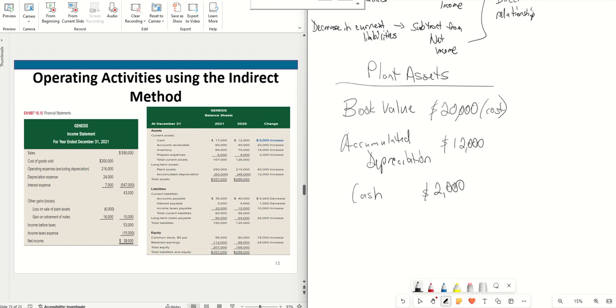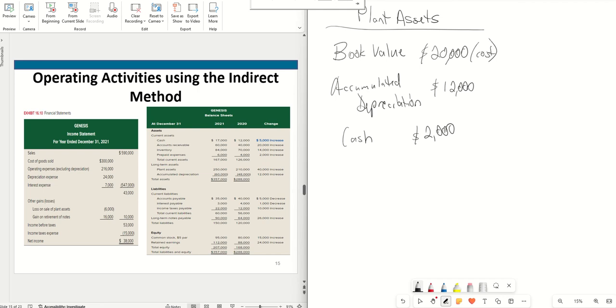So to just prepare an entry so that we can visualize how this works, we're going to first go ahead and record an entry. Look at what's going to be debited and what's going to be credited that reflects the disposal of this plant asset. So we received cash for $2,000, okay, and disposal of the asset.